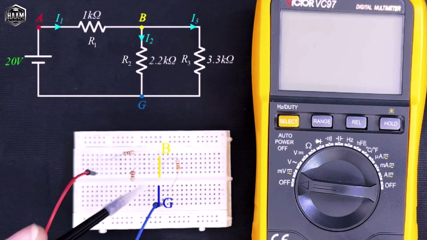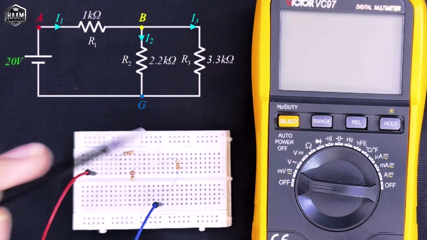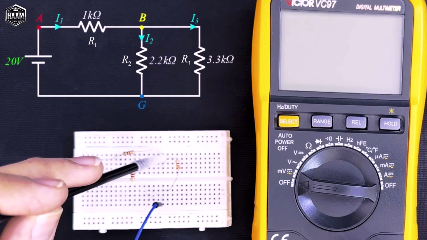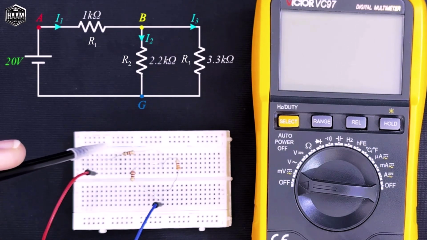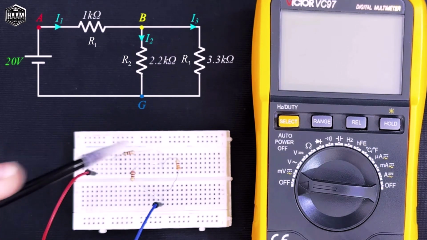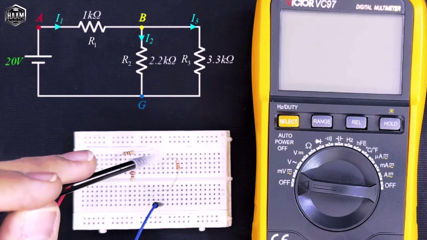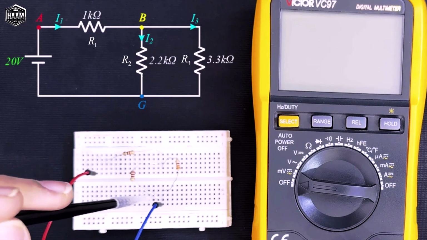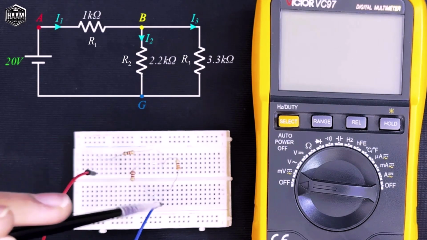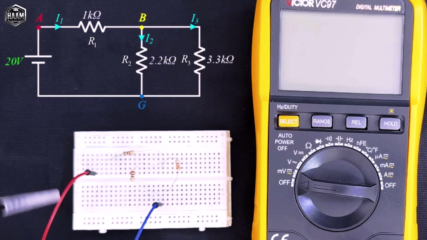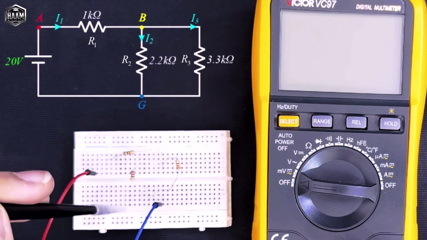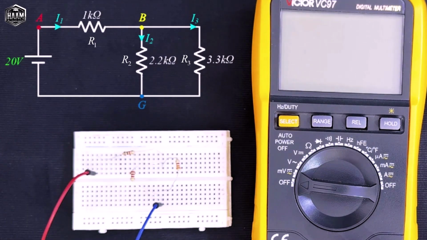R1 is between node A and the next node, node B. From node B to node G, two resistors R2 and R3 are placed in parallel. According to KCL, the current I1 that enters node B through resistor R1 must return to node G through I2 and I3. Therefore, I1 equals I2 plus I3.